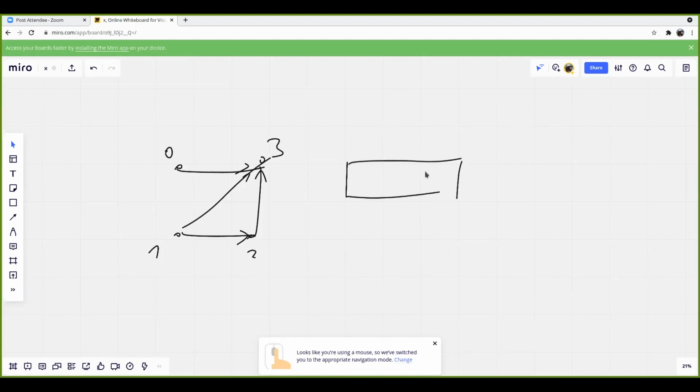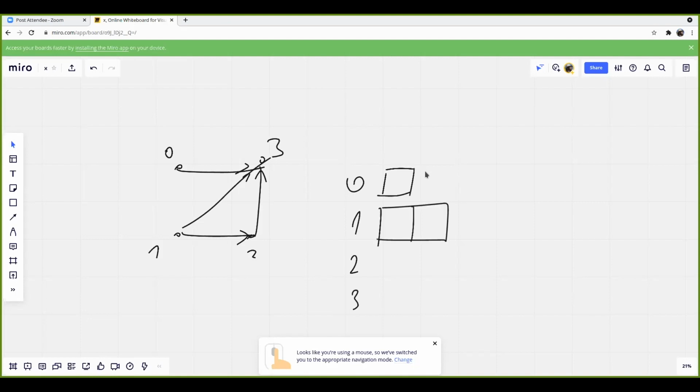And what it looks like is for each of the vertices 0, 1, 2, and 3, you will have one array that will contain all of the neighbors of this particular vertex. So again, if this is an undirected graph, it's simply a list of neighbors. If it is a directed graph, you can view it as a list of, for example, outgoing edges.